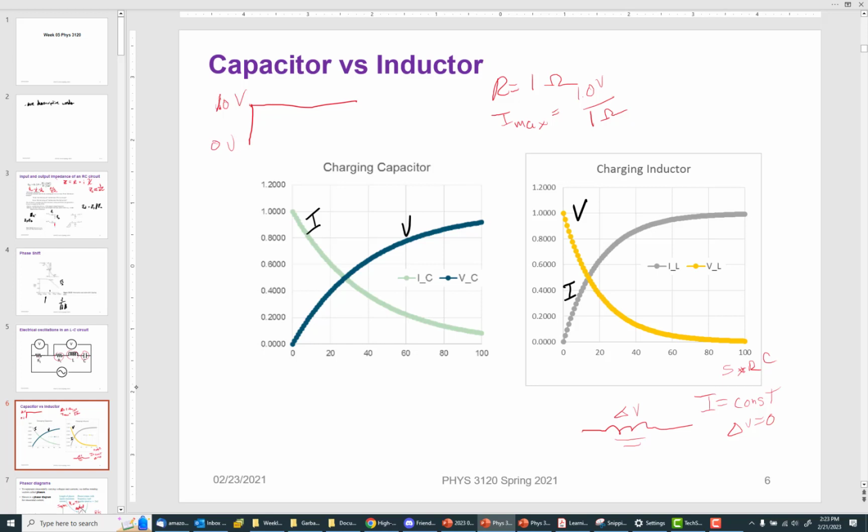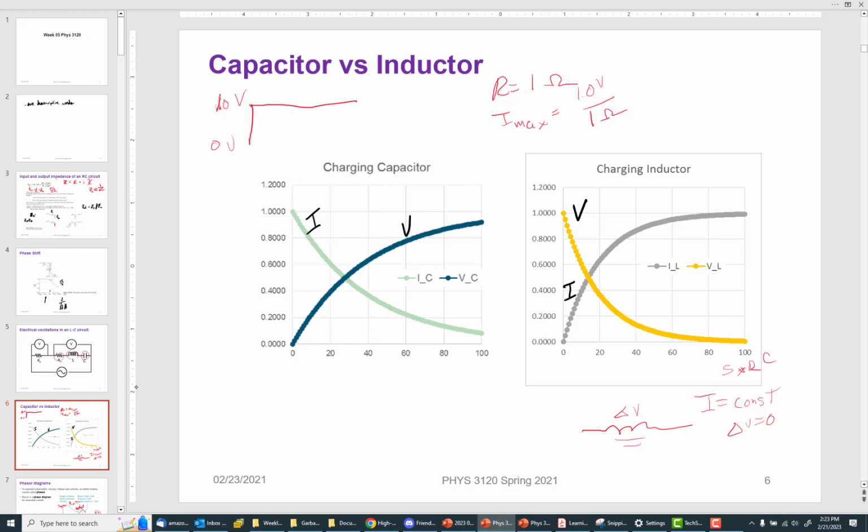I'm hitting it with a square pulse, on-off switch, and in this case it's the charge cycle. And the only takeaway from this is that you notice that the capacitor, when you charge it, instantaneously has a high current and a zero voltage, and the inductor is the opposite. That's all we care about right now.